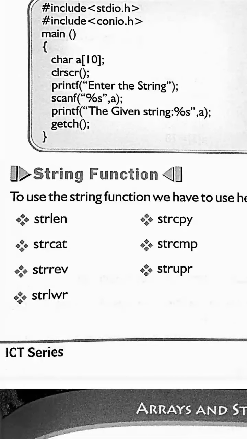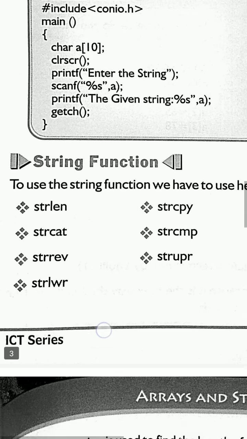So these are all the short forms. strlen means string length. strcat means string concatenation. strrev means string reverse. strlwr means string lower. strcpy means string copy. strcmp means string compare. strupr means string upper. So we'll see one by one.